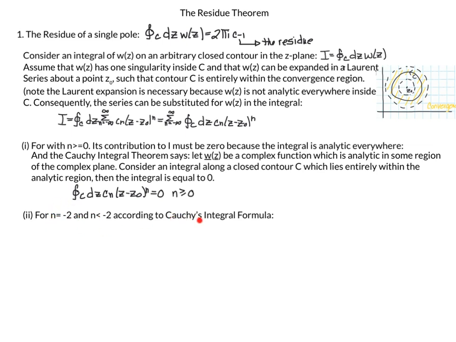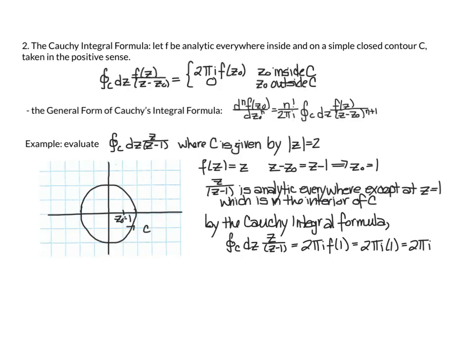We will be using Cauchy's integral formula, so let's do a quick review of the integral formula. The Cauchy integral formula says let f be analytic everywhere inside and on a simple closed contour C, taken in the positive sense. Then the integral over C of f over z minus z naught, so you can see f over z minus z naught is not analytic everywhere.